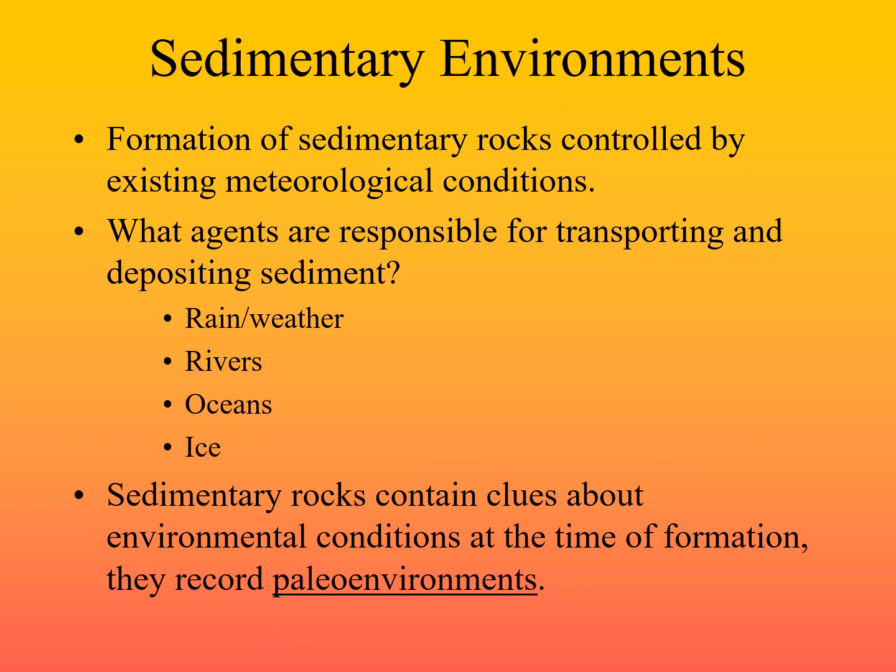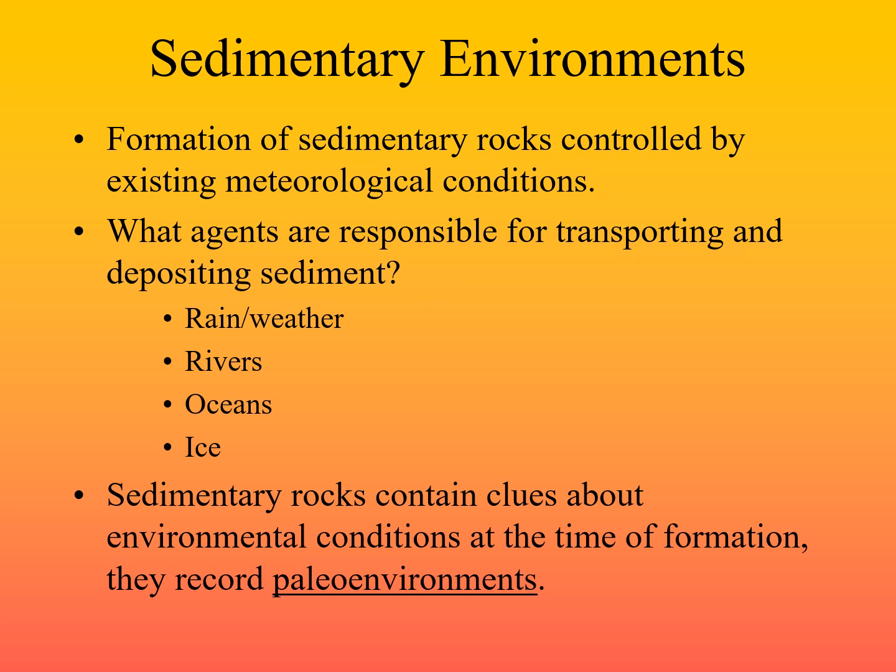So if we use some of these clues to tell us about the existing meteorological conditions under which these sediments were deposited and the subsequent rocks were formed, that can tell us something about the environment in which they formed and what the surface conditions were at the time.